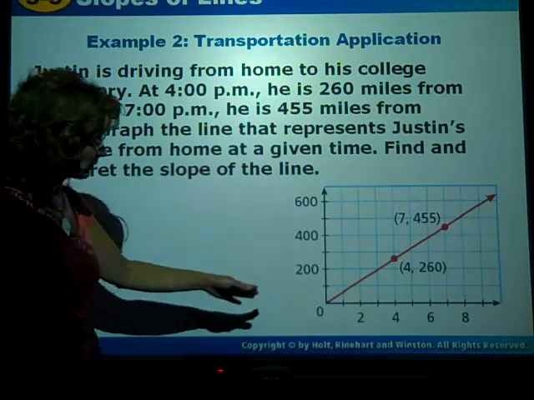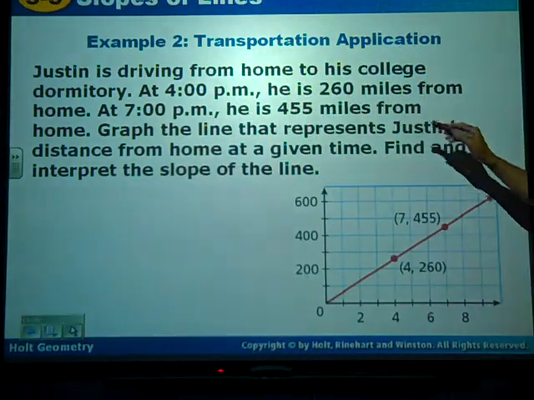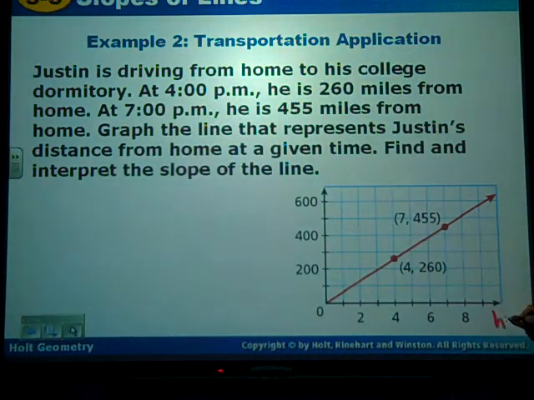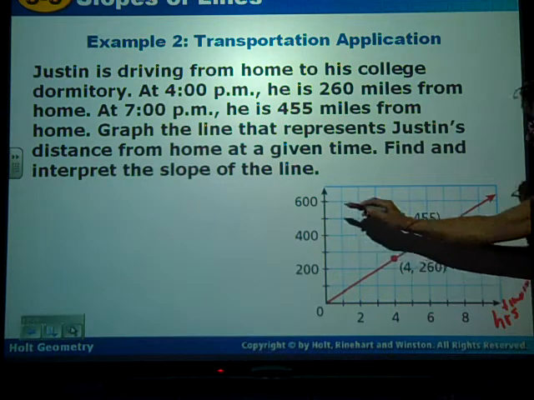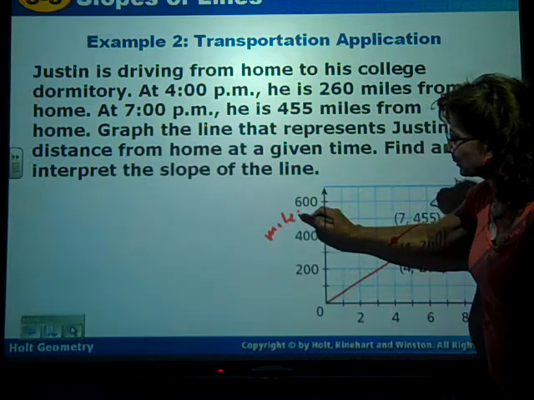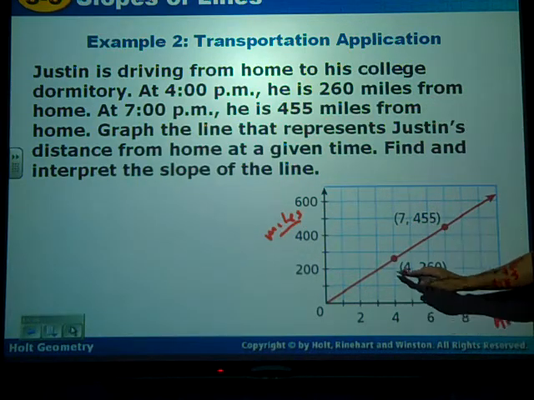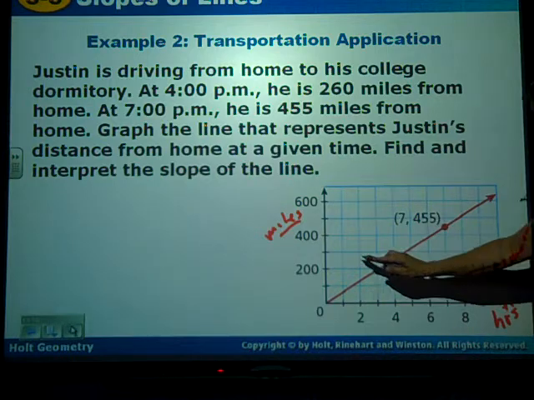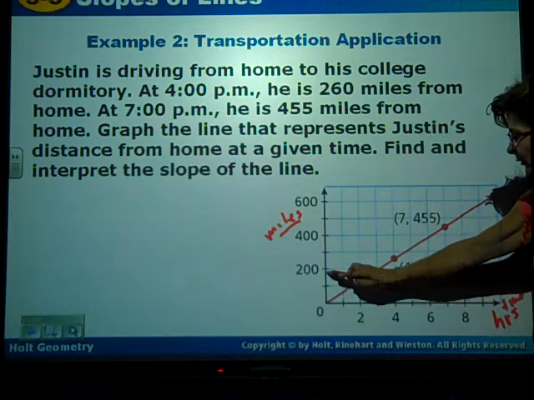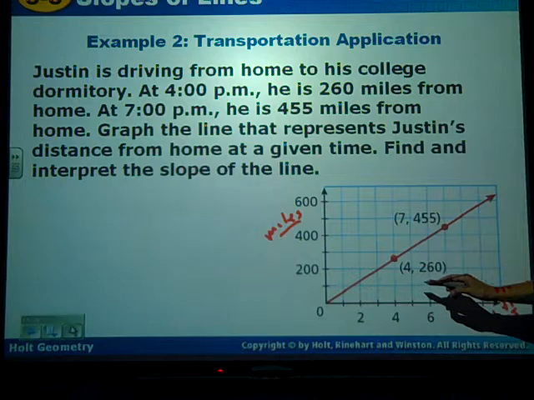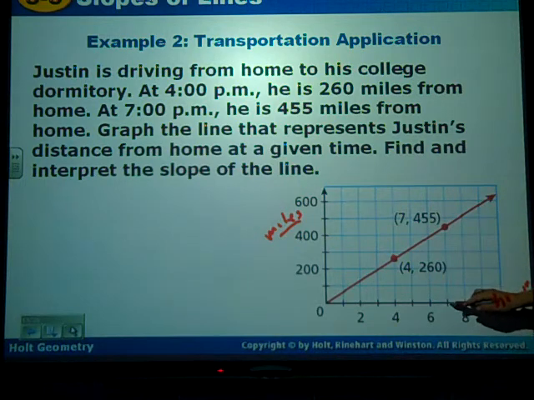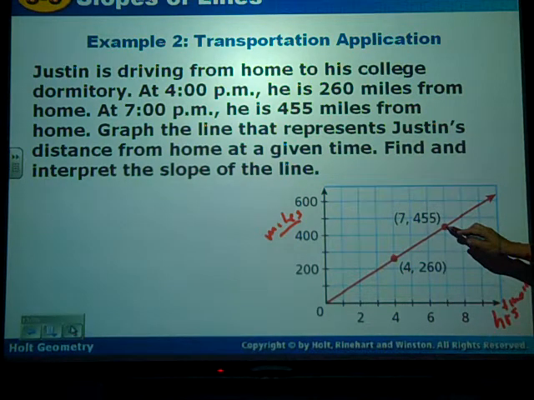you can make a graph, and since we talked about hours, we're going to put time in hours here, and here we have miles. It's important to know what's on each axis. At 4, we are 260 miles, so notice we're going by hundreds here, so about here. And at 7, we're at 455 miles.